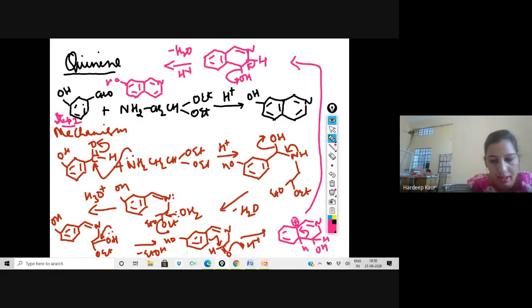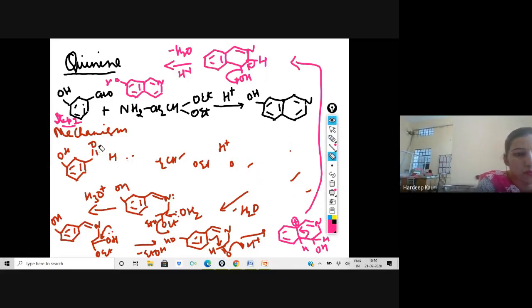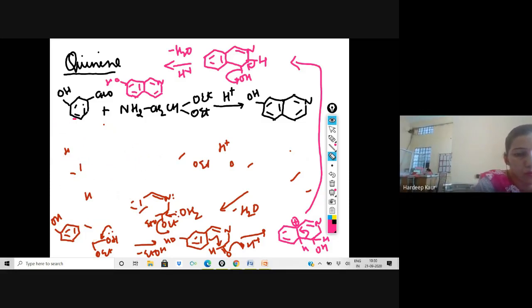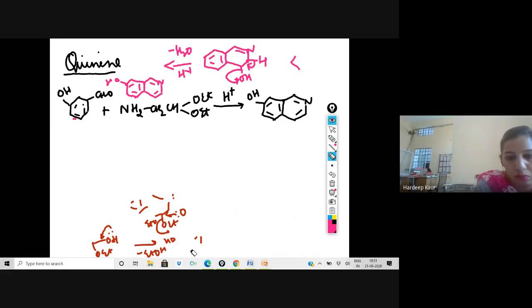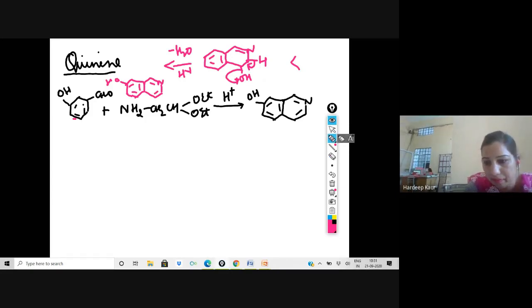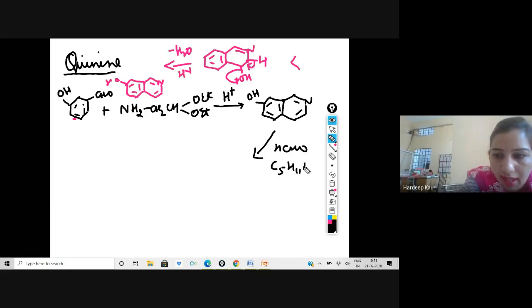So once this quinoline is formed, then after this, we will condense it with the formaldehyde and amine C5H11N, and this is called Mannich reaction.